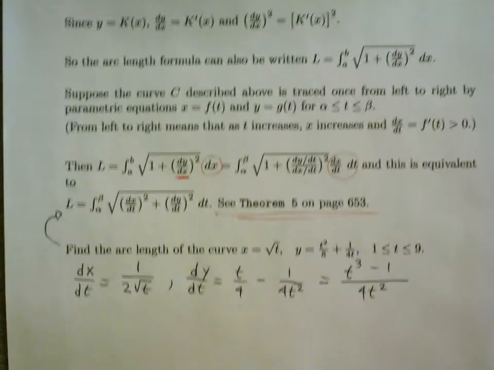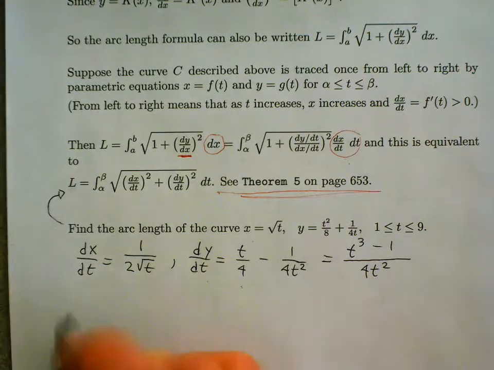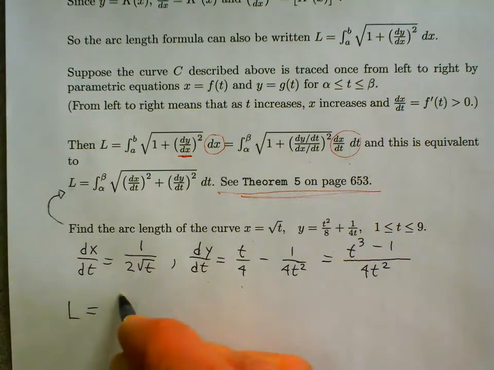Okay, so the arc length is the definite integral. T is going to go from 1 to 9.